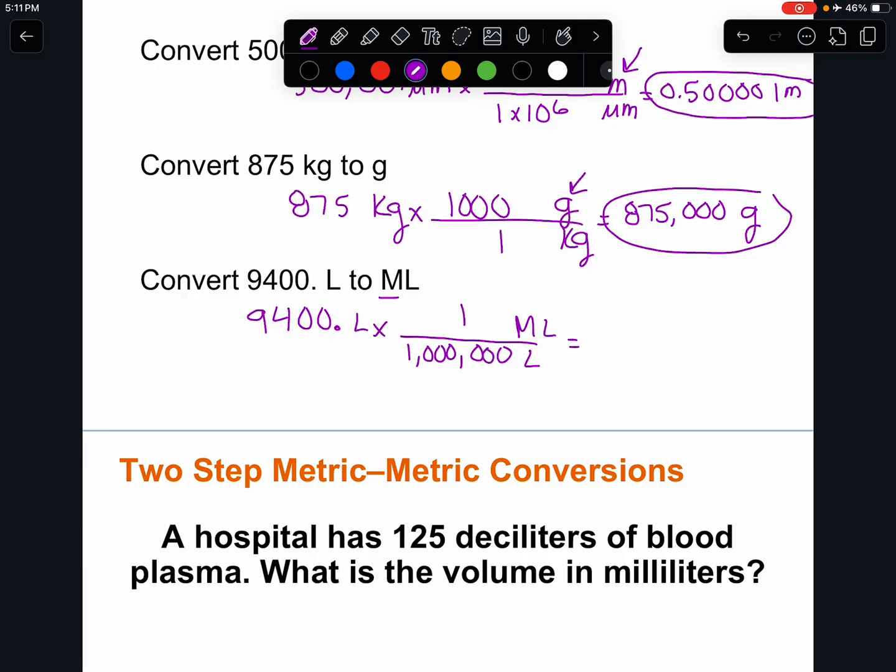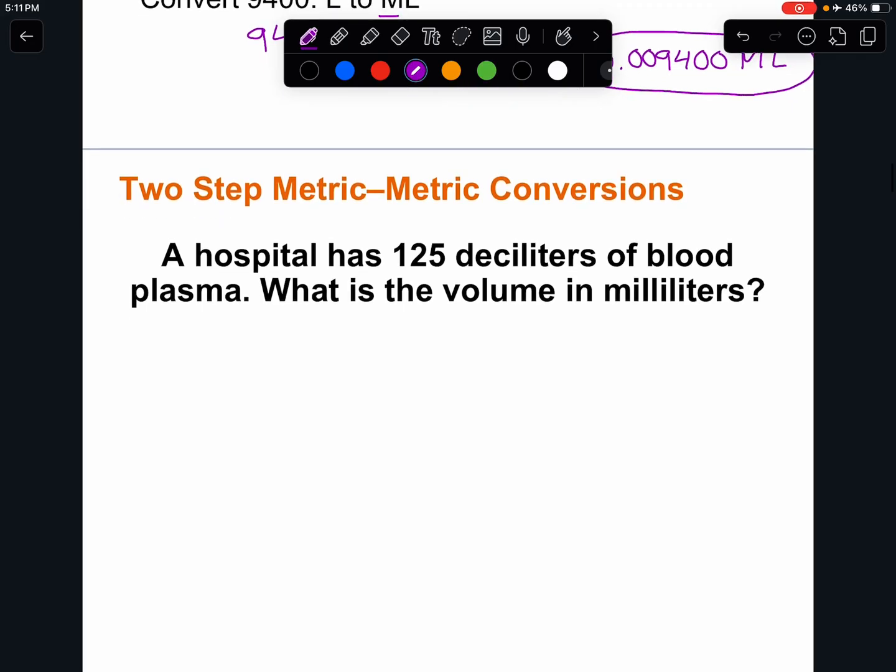Okay, so again, I'm going to divide this answer. And so my answer ends up being 0.009400. And again, my unit is what I end with, which is megaliters. So I took the number and divided it because this number was on the bottom. Now again, you could have multiplied by 1 and divided by a million. I just skipped the 1 part because that is itself.